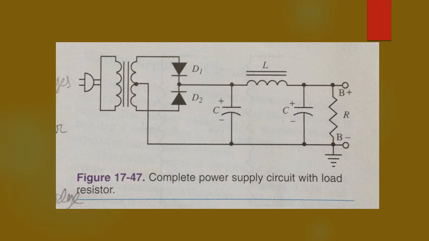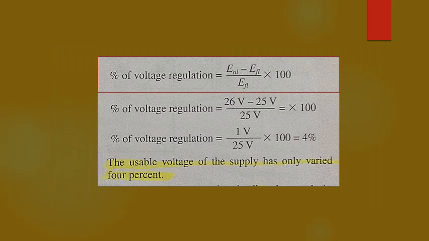If the equipment is now connected to the supply and causes the voltage drop to 25 volts, then the power supply regulation is, as seen in the equation worked out, 26 volts minus 25 volts divided by 25 volts times 100, which in this case gives us only 4%. So the usable voltage supply has only varied 4% instead of the 20% from the prior example.